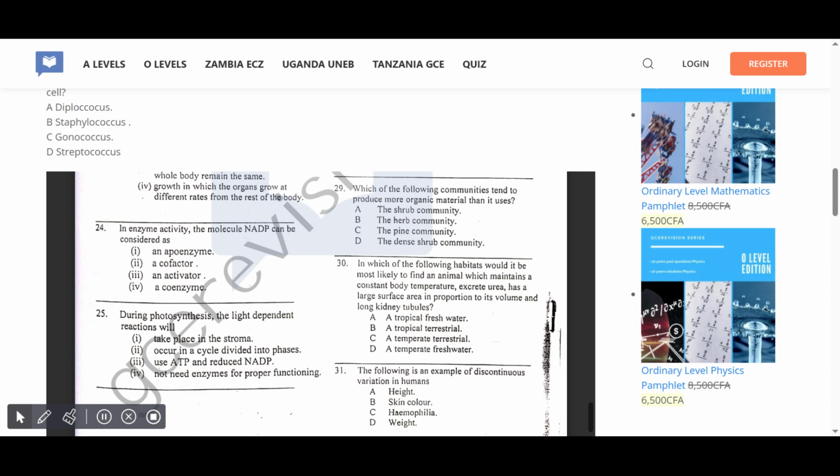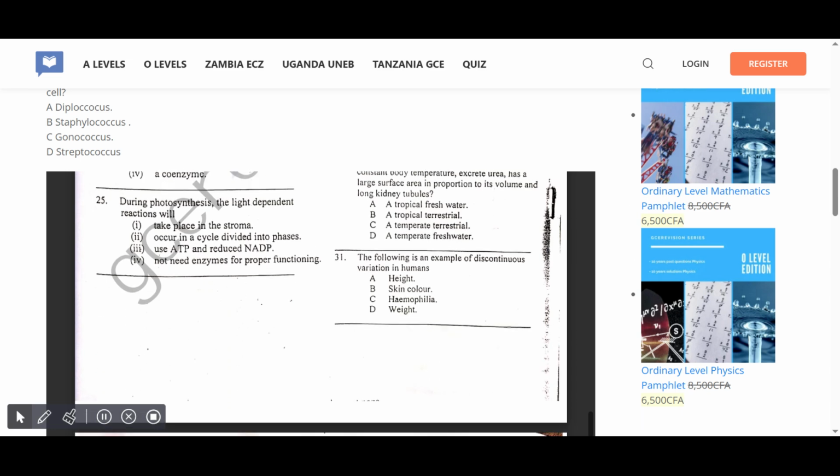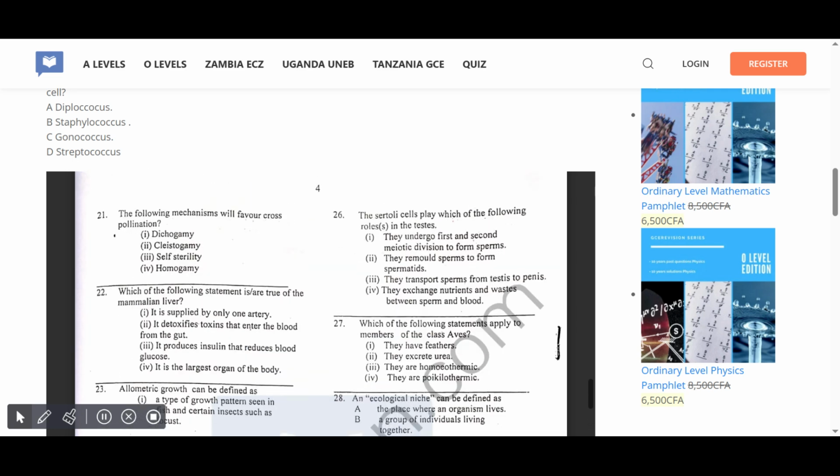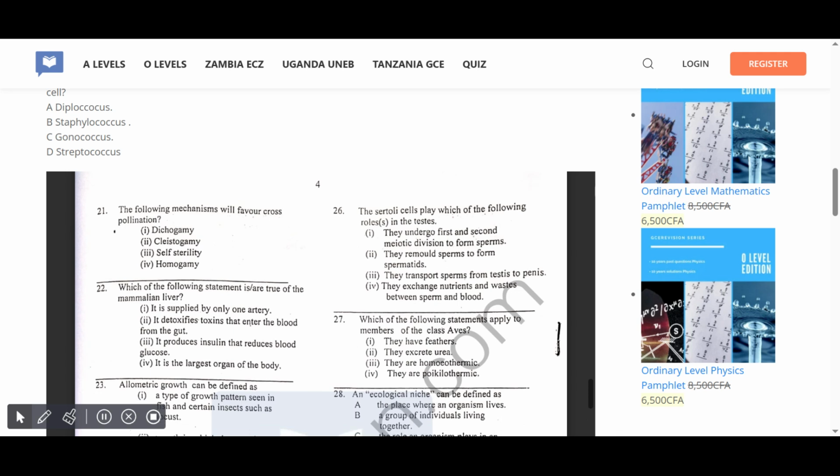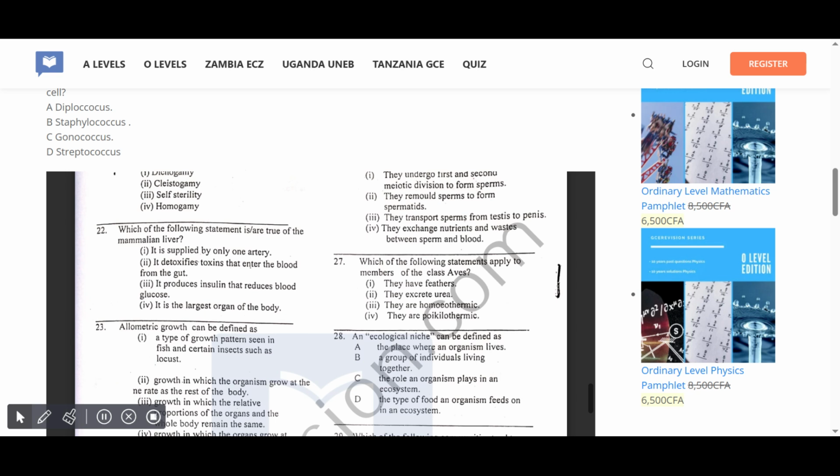The answer is B. Question 26. The Sertoli cells play which of the following roles in the testes? The answer is C. Question 27. Which of the following statements apply to members of the class Algae? The answer is B.